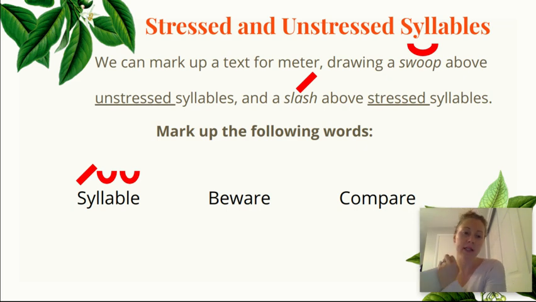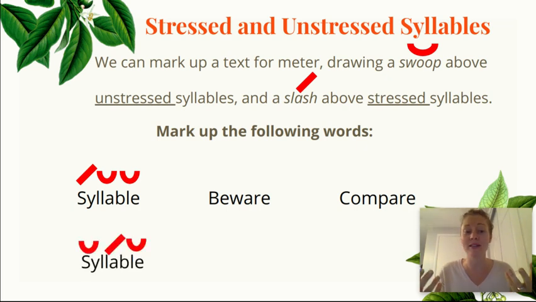So as you can see on the slide, syllable: stressed, unstressed, unstressed. The next word there is "beware." Now before I give you the marking, which syllable would you stress? Be or where? Beware. Think.